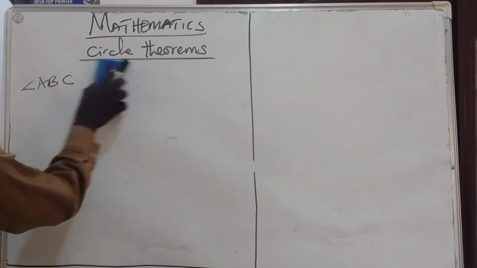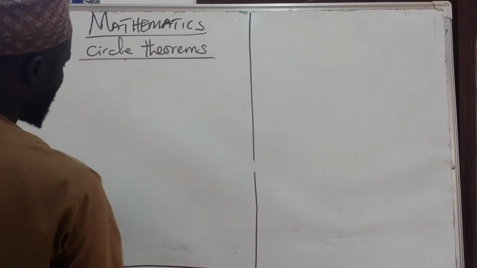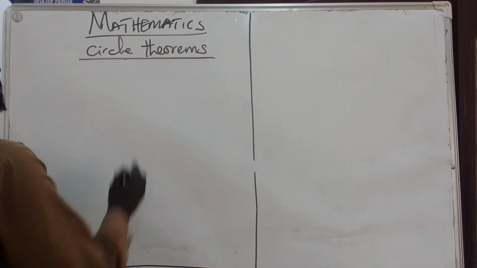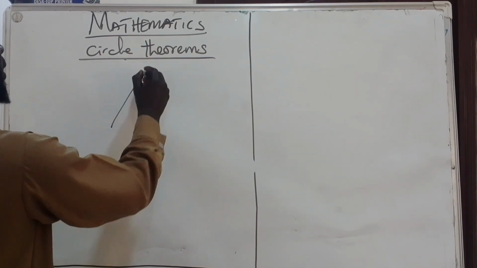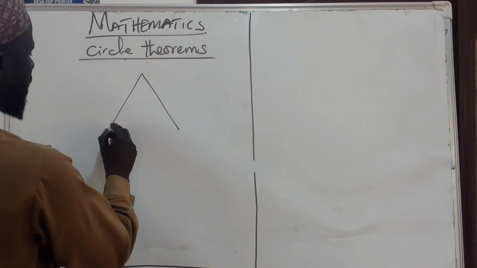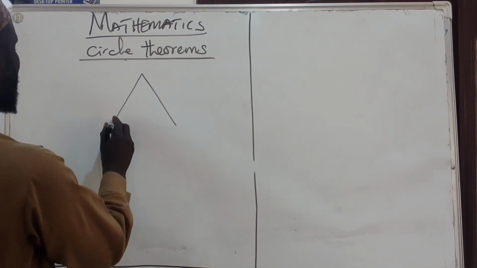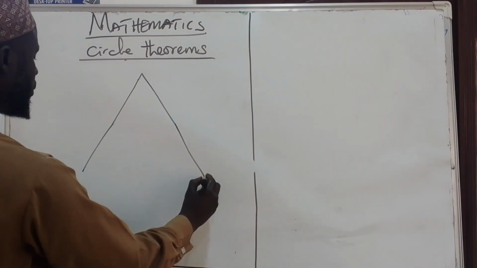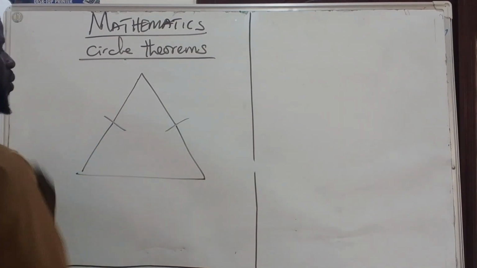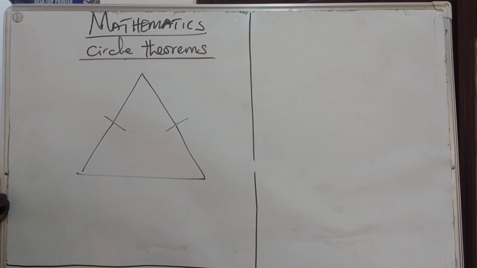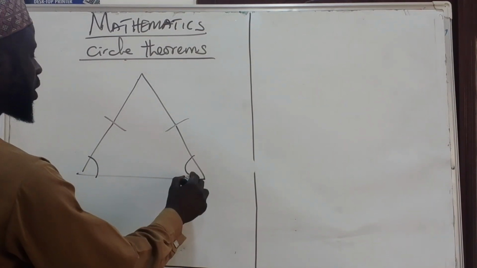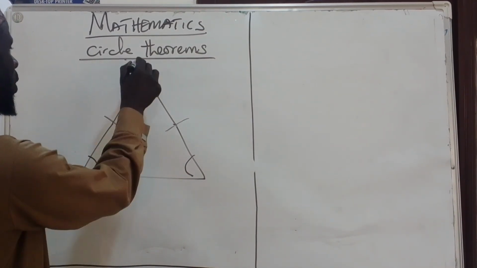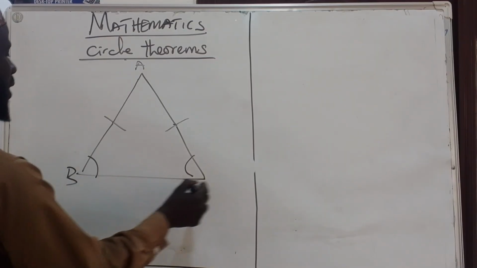Also, students and viewers should note that if you have an isosceles triangle, where two sides are equal, if this side is equal to this side, then this is an isosceles triangle. Here is ABC.